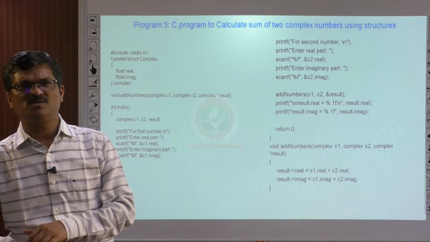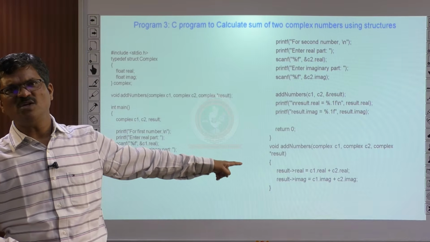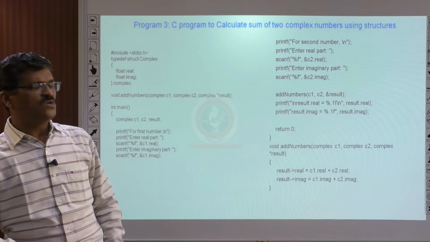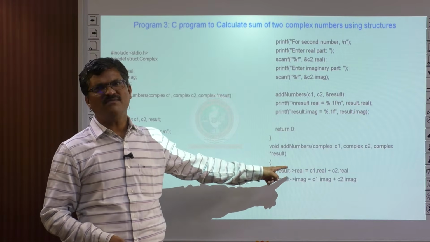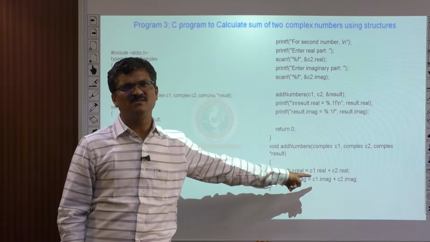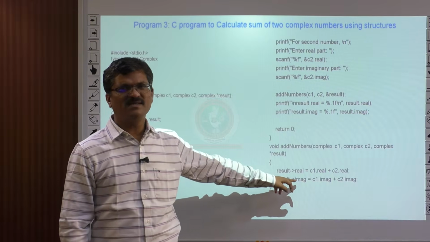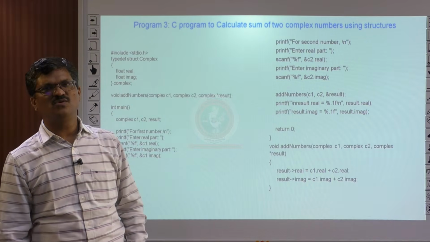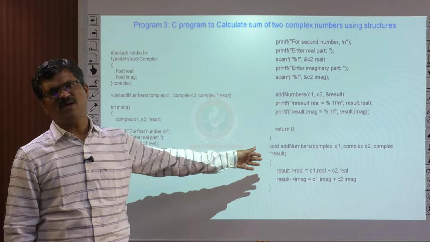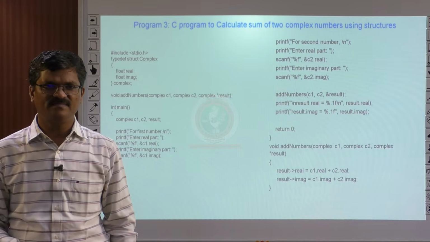So far we had spoken about the dot operator only, and here I am introducing another pointer operator. You must have studied it in the pointers discussion. So, instead of result dot, result arrow real, which happens to be the sum of the real parts of C1 and C2. In the same way, result arrow imaginary is equal to the sum of imaginary parts of C1 and C2. So, this is the way the function add numbers is defined.